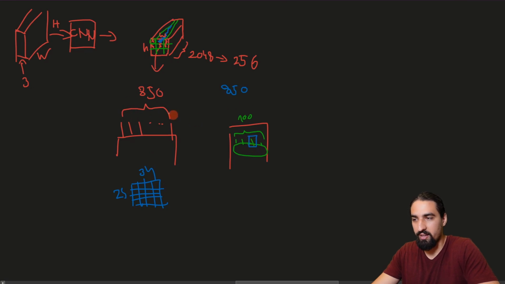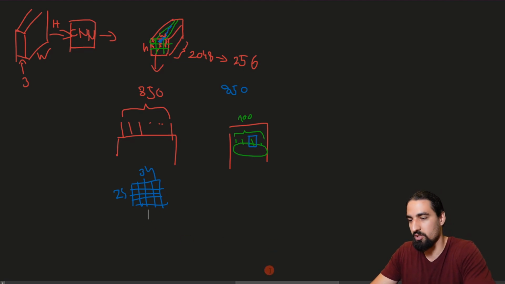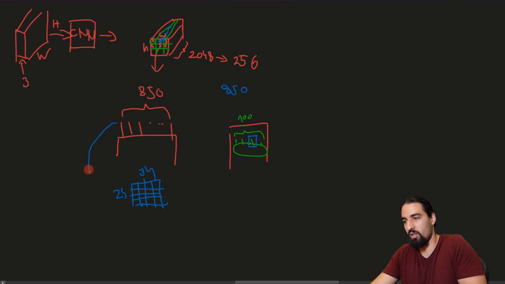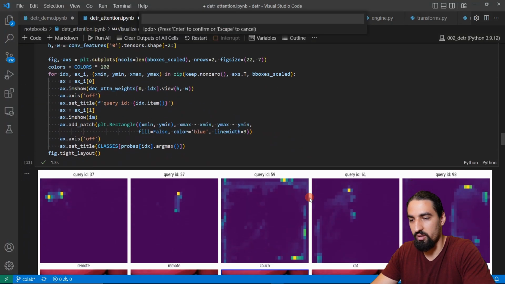That means by attending to these 850 tokens, you're actually attending to the original image, just a downsampled version. That's why we are able to get these interesting attention maps. So that's how you connect these 850 with the images we get here.